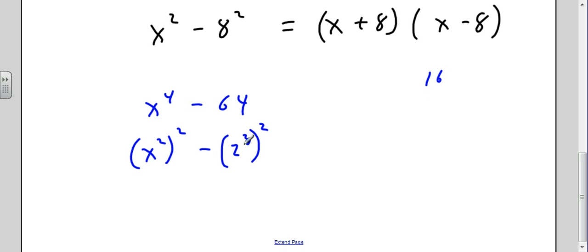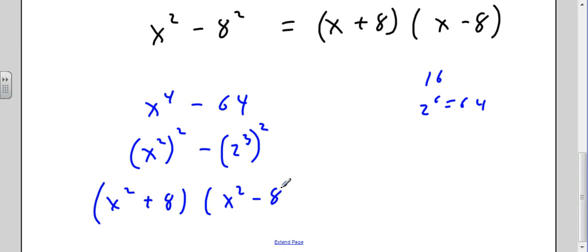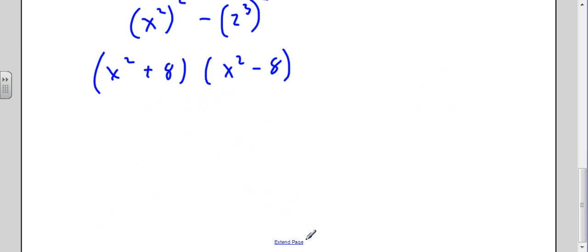So this would be 2 cubed squared. That's how I would recognize it, because 2 to the 6 is 64. All right, then I can factor it as x squared plus 8, x squared minus 8. And then 8 isn't the square root of anything, so I would leave it at that.